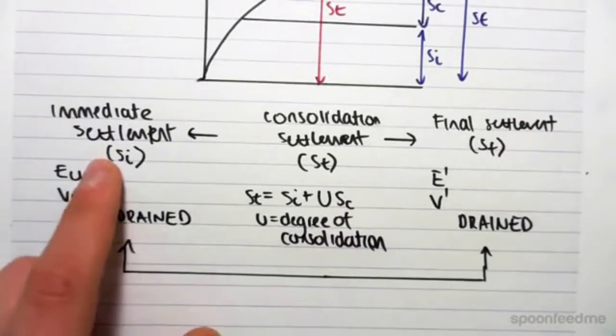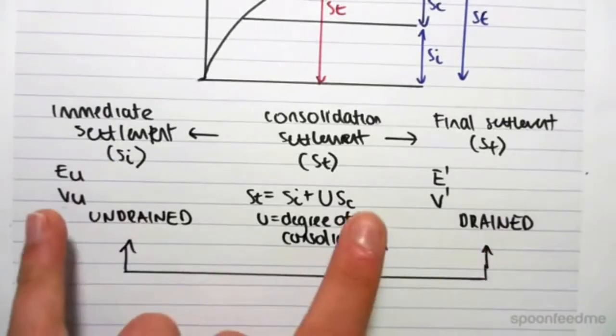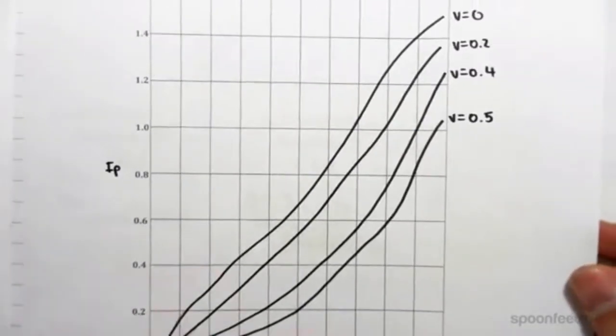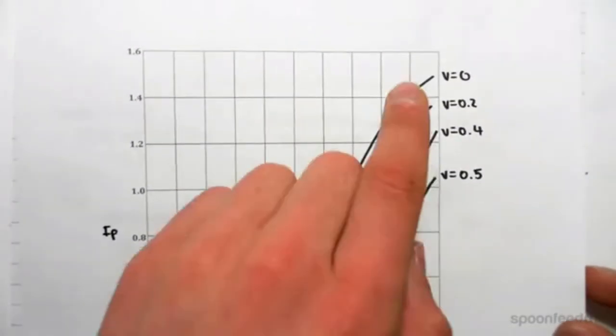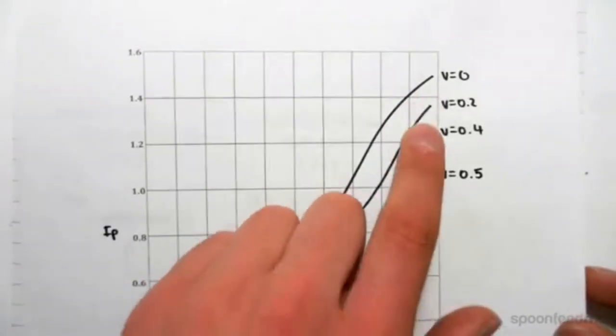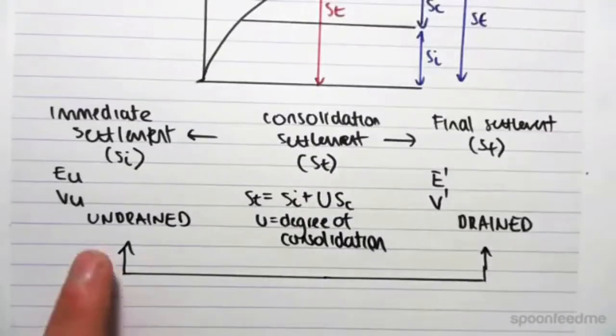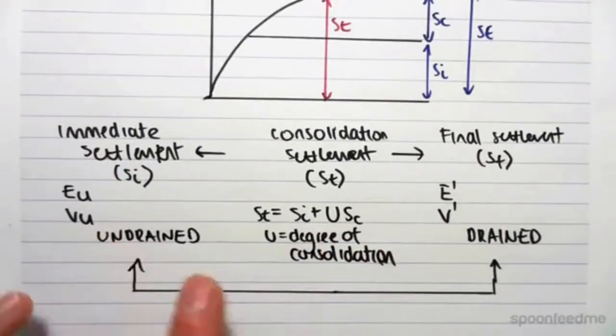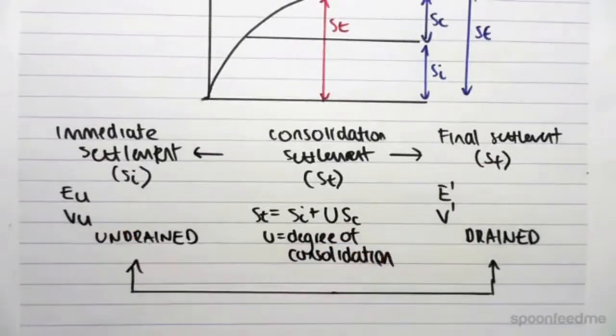So just quickly, the types of graphs we're going to be using. So if we wanted to find immediate and final settlement, the only thing that changes is EU and E dash, and VU and V dash. So if we look at the graph we're going to be using, it looks a bit like this. Don't worry so much about what it means now, but you can see it's dependent on V. So we use the same graph for immediate and final settlement. We just change the V values because VU and V dash will be different.